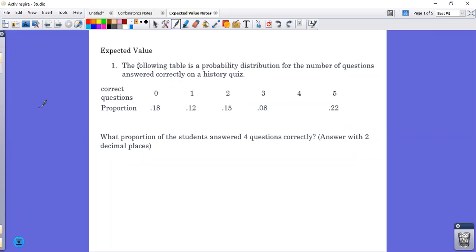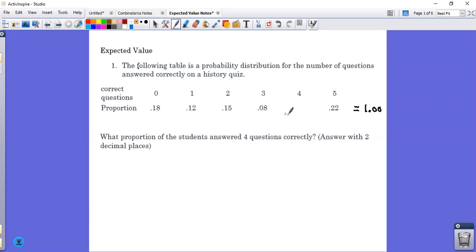So the probability of getting that many questions right, depending on how you study and stuff like that, this probability distribution always has to add up to 100% or 1.00. So anytime you're given a probability distribution, those probabilities have to equal 1.